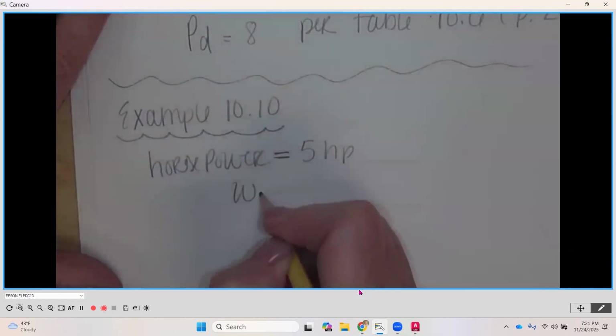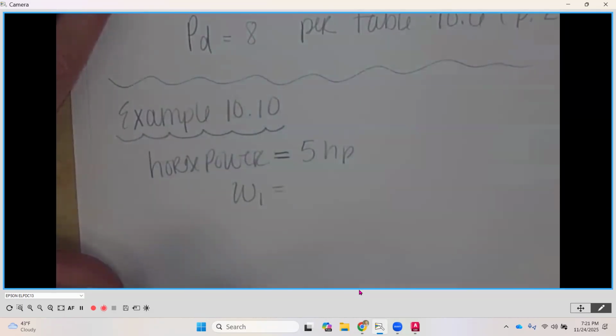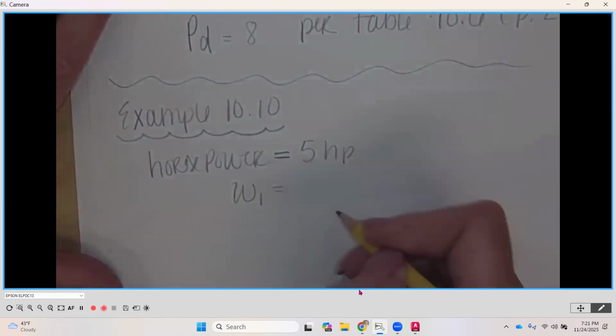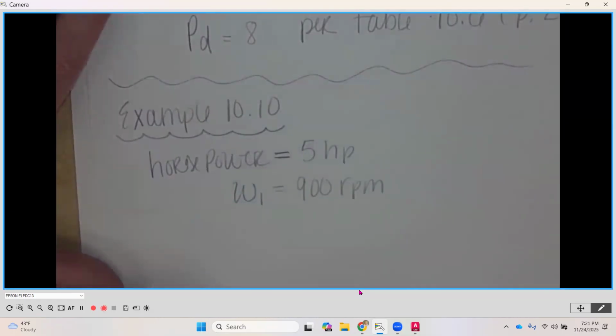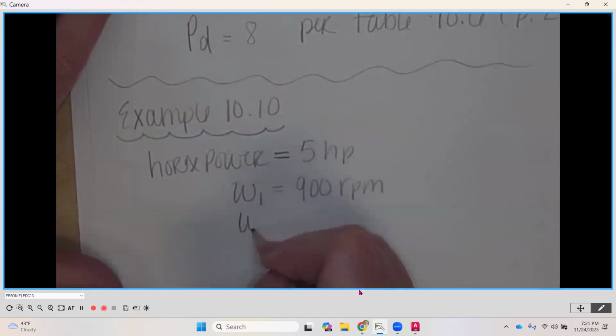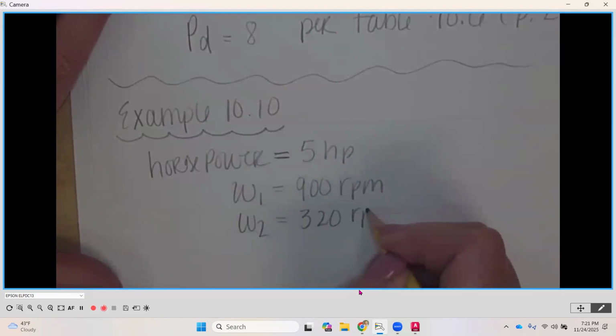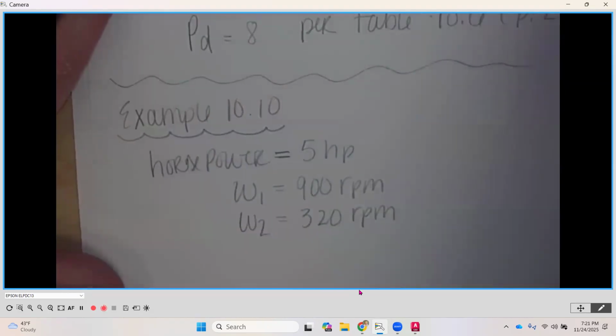Our W1 coming off of our electric motor is 900 RPMs. And the propeller W2 needs to be at 320 RPMs.